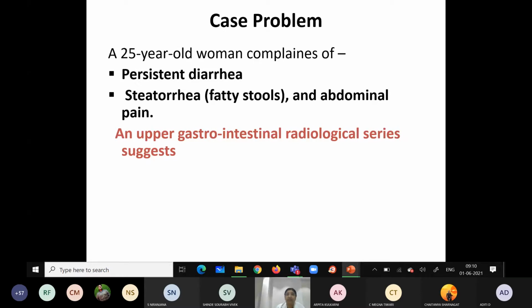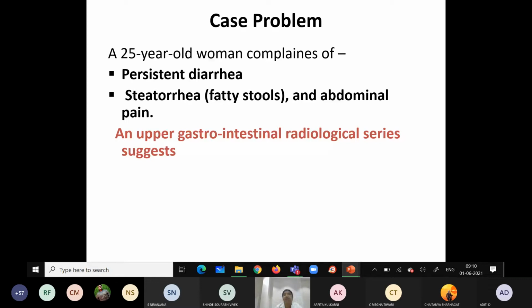To know this, you also need to know the clinical features that pancreatic gland disorders cause in a human being. So let us study one case problem on disorders of the pancreatic gland.